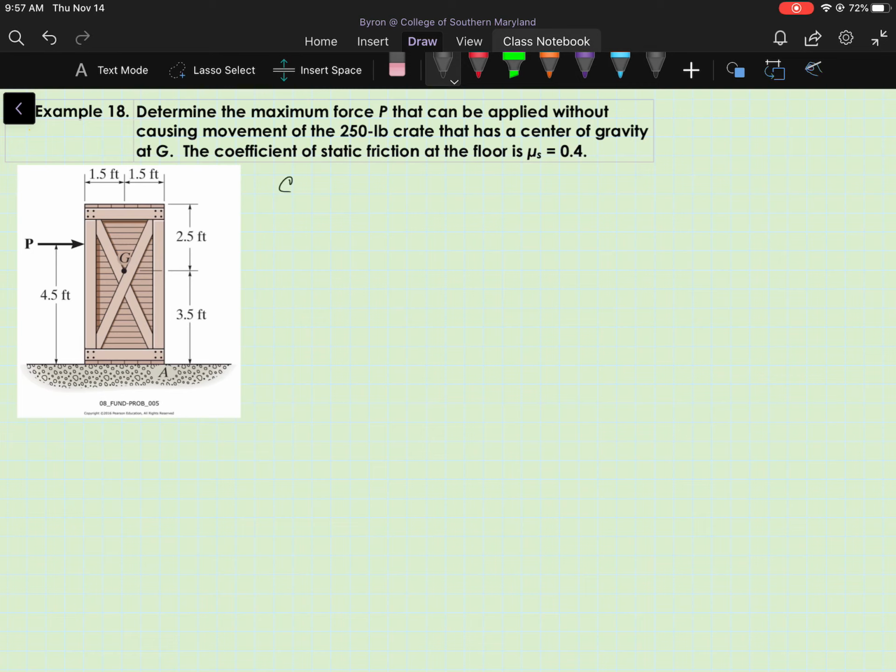Case one is where the crate slips, or we'll say slipping occurs. Case two is where the crate tips over, or tipping occurs.